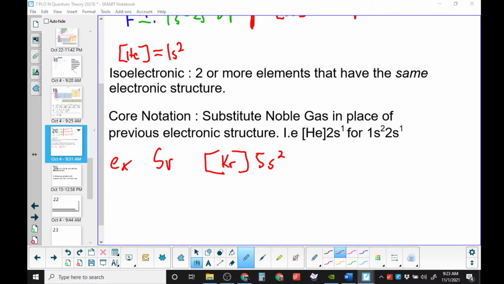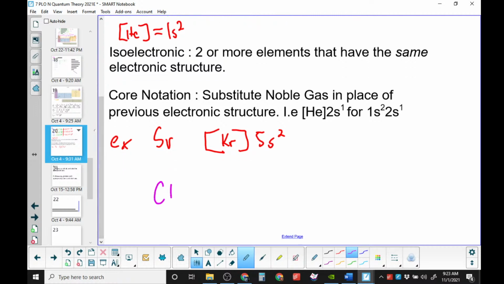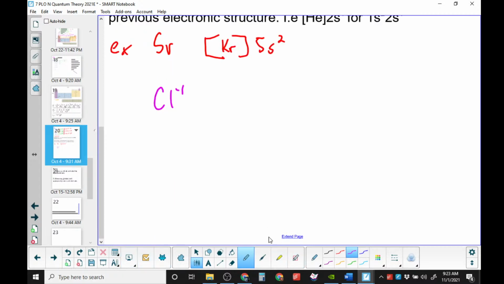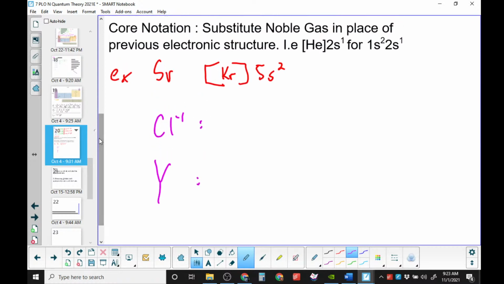So let's do chlorine -1 and yttrium. You can't use the noble gas in the same shell as its valence electrons.